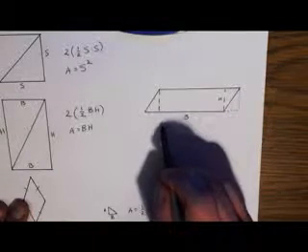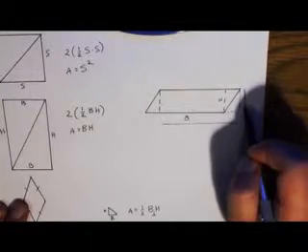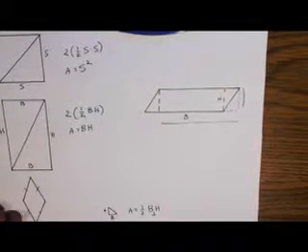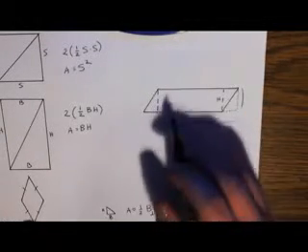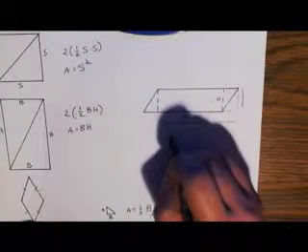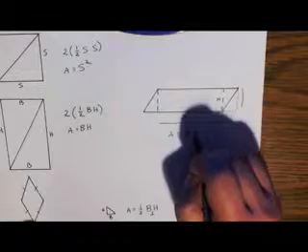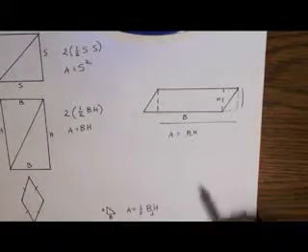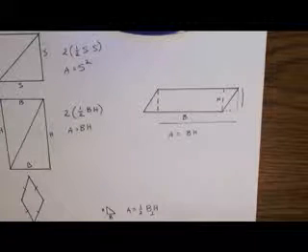We now have the base being this distance here, with the height still being this. We now have the formula for a rectangle. It comes from the exact same spot. So the area for a parallelogram is again equal to the base times the height. Notice that there's a pattern here. All three of these are base times the height.